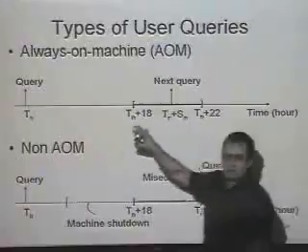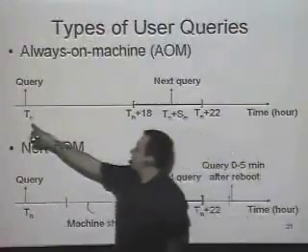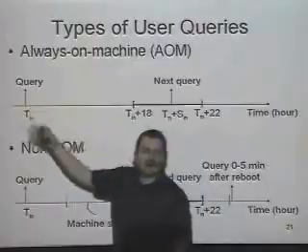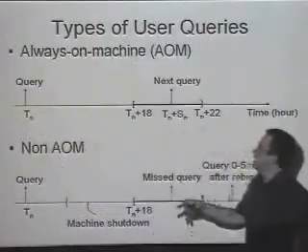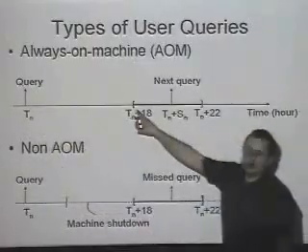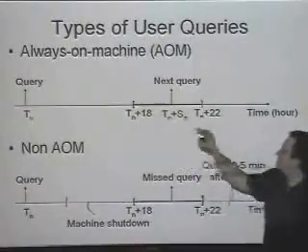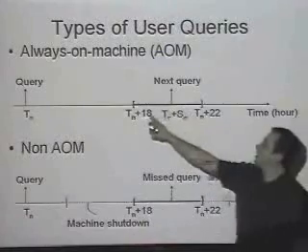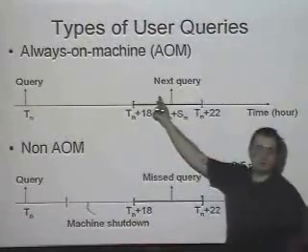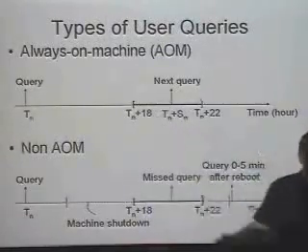If a computer is always on, it issues queries at time points according to a renewal process with a random time. Concretely, assume a query was issued at a time tn. The next query comes at a random time between tn plus 18 and tn plus 22, in hours, uniformly at random on this interval. This is the way this polling is defined.